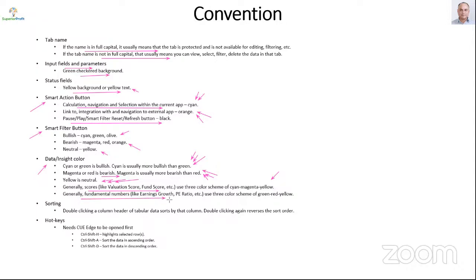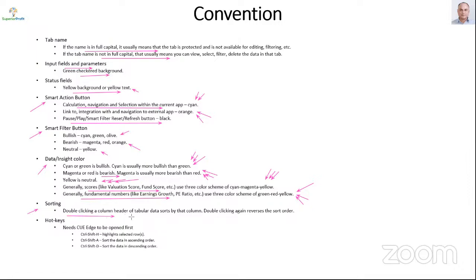And fundamental numbers like earnings growth, PE ratio, etc., are in the color scheme green, red, yellow. Again, that was intentional so that just by looking at a column, you know whether it is a score, meaning relative to other stocks, or a fundamental number or ratio that is not relative to other stocks. It's a number in itself for that stock.